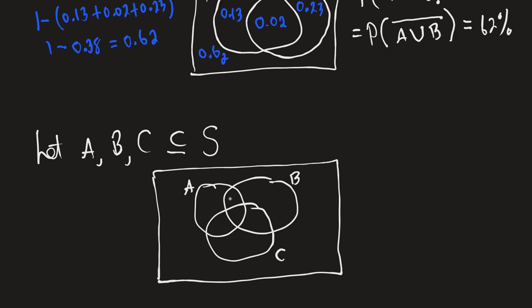So the theorem that I'm about to write down is going to give you the relationship between the probability of the union of these three, with this part where they all three overlap, and then the parts where two overlap, like here and here and here, and then the parts where there is no overlap, like here.